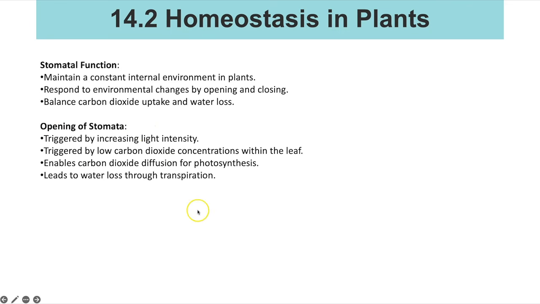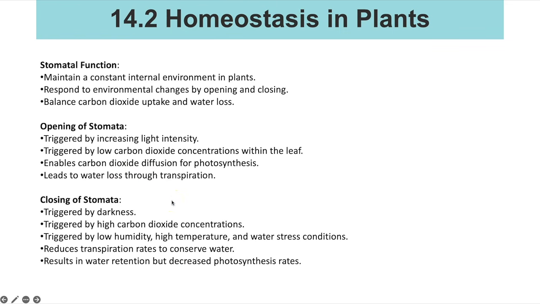So stomata will open if there is a high light intensity. Also, it's going to be triggered by low carbon dioxide within the leaf, because if the stomata are open, that means more carbon dioxide can diffuse into the leaf. And it will lead to more water loss, though, through transpiration. So if the stomata are open, you do get more carbon dioxide diffusing in, but you'll have more water vapour evaporating out.